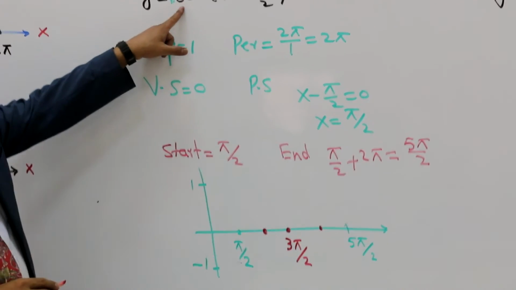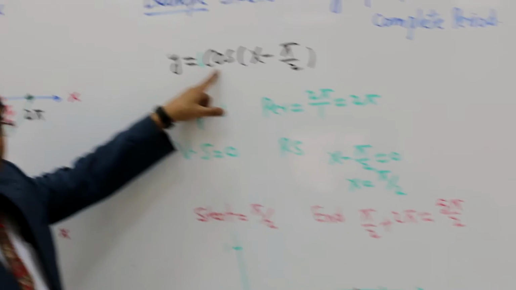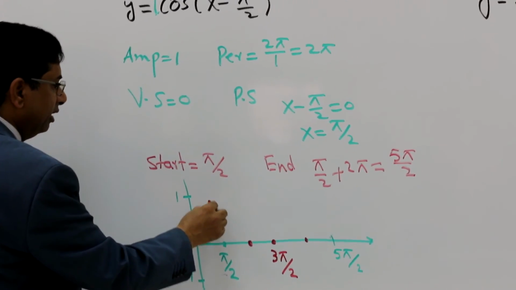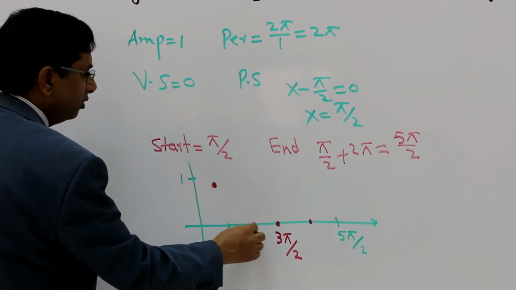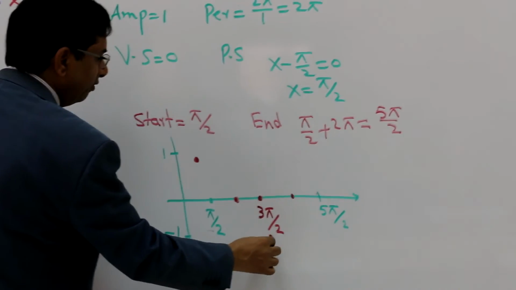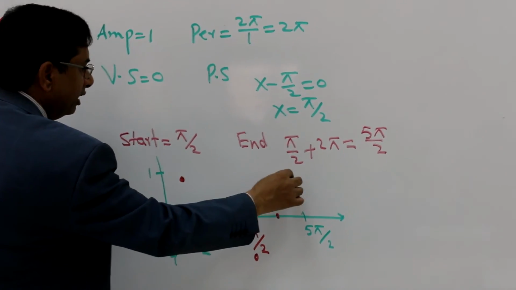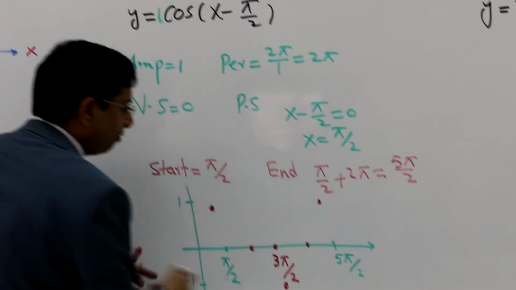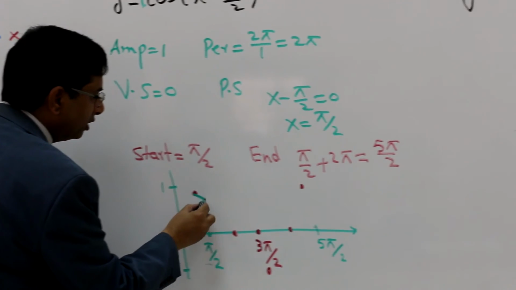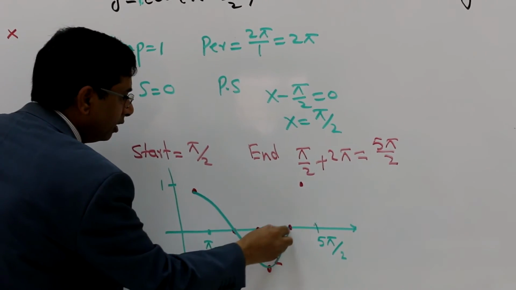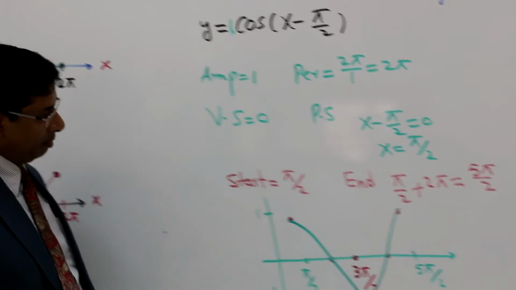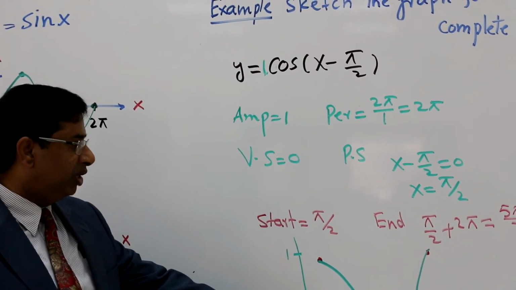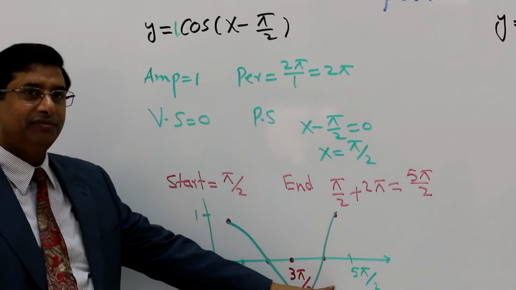The curve is a cosine curve, and cosine starts from 1, so it starts from 1 over here. This point is 1, this is 0, this is negative 1, this is 0 and this is 1. So the graph of this function will be like this. Okay? With the phase shift of pi over 2, it starts from pi over 2 and ends at this point.